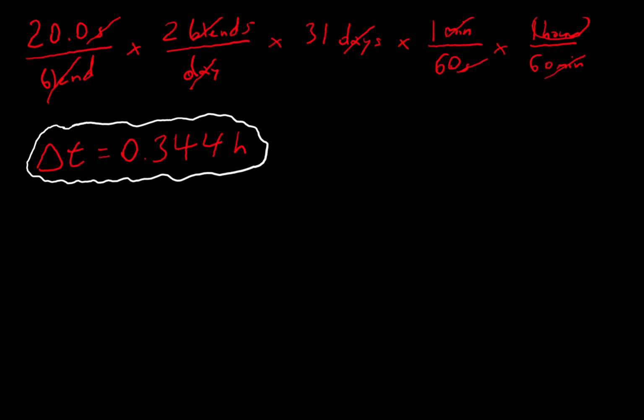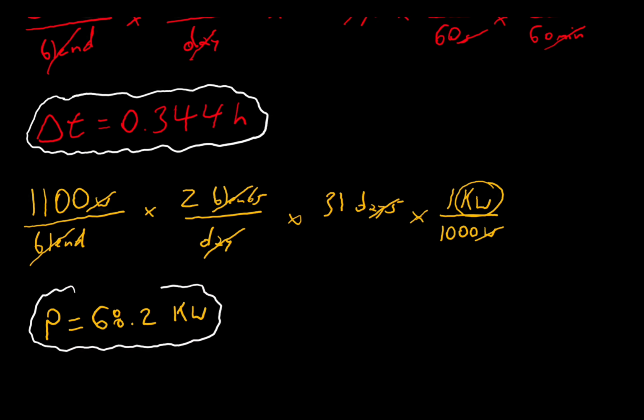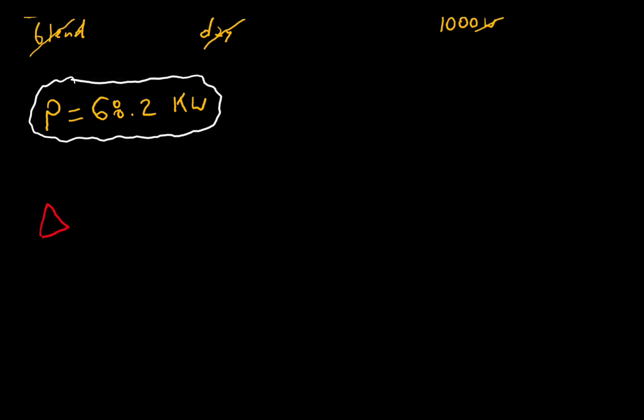Then for the power, it takes 1100 watts for every blend. We have 2 blends a day multiplied by 31 days, divided by 1000 watts in a kilowatt, and all of our units cancel out. And then we can multiply 1100 times 2 times 31 divided by 1000. This gives us 68.2 kilowatts.